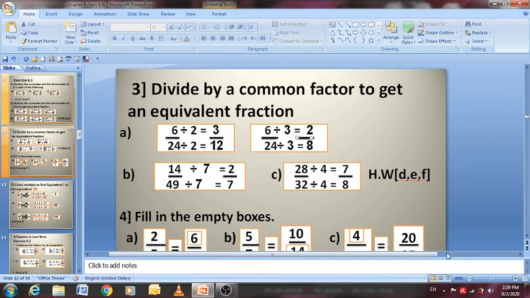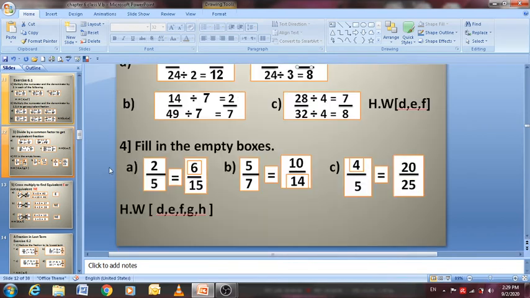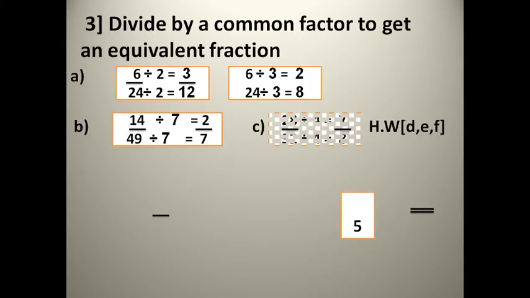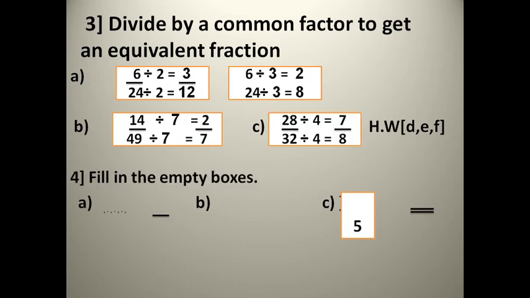Now next, fill in the empty boxes. We should do it like this, to be clear for you. Here first I have 2 by 5, and the next fraction has only 15.